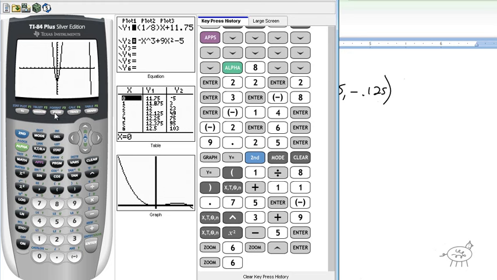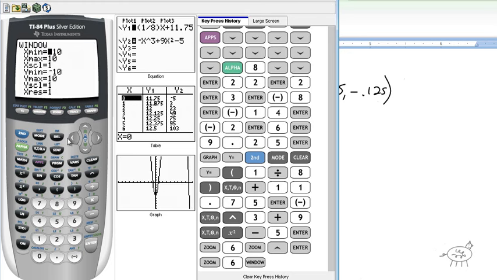And what I'm going to do is set my own window here. If I go graph again, I'm really trying to see what's going on, obviously higher up for the y value. So let's try that. X min is fine, we're going to leave it at that.